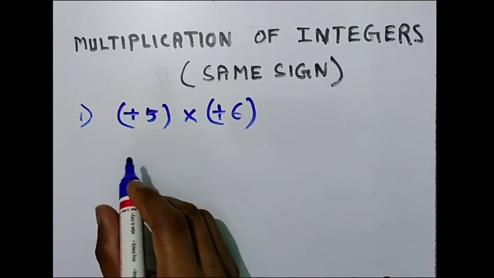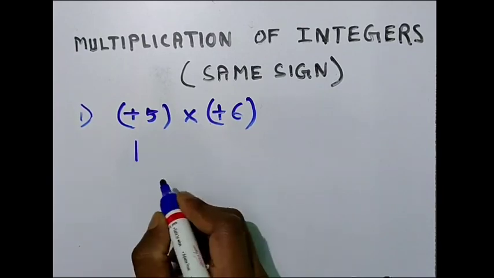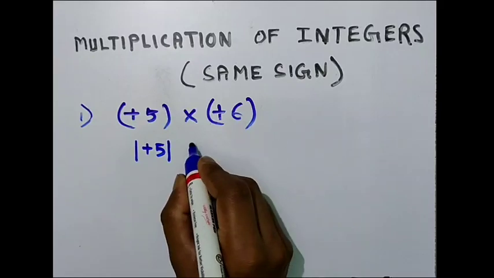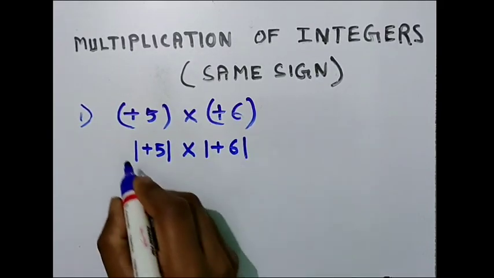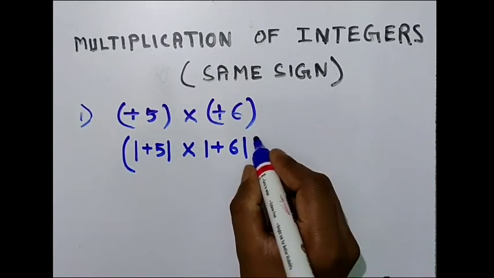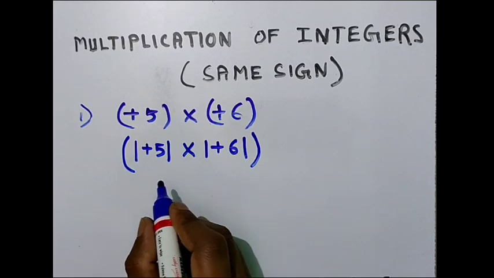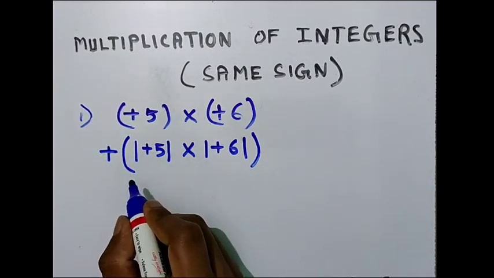So what we are going to do is, first we will take the absolute value of these integers and multiply them. So absolute value of 5 multiplied by absolute value of 6, and the result will be a positive integer, so we'll put a positive sign in front.